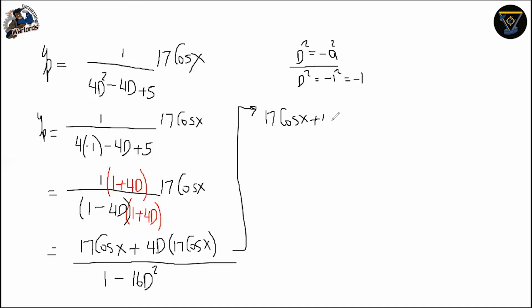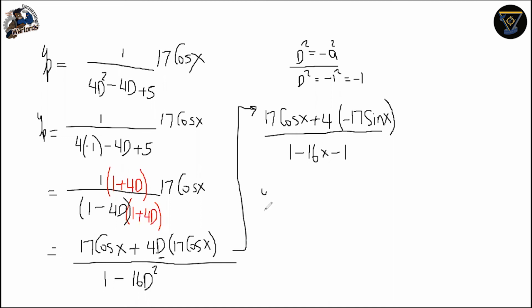plus 4. Now this d means that you're going to differentiate what is inside here, right? So when you differentiate 17 cos x, when you differentiate cos x, you get minus. So it's going to be minus 17 sin x. And it's going to be over 1 minus 16, and it's being multiplied by d squared, which is what? Minus 1.